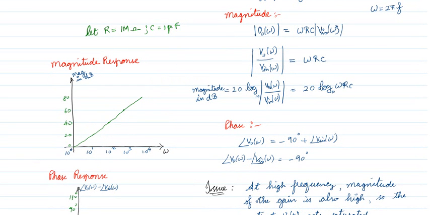But because of the practical differentiator, the gain gets constant. So I will use a different color, I will use red color. Instead of going to infinite, the gain will become constant.